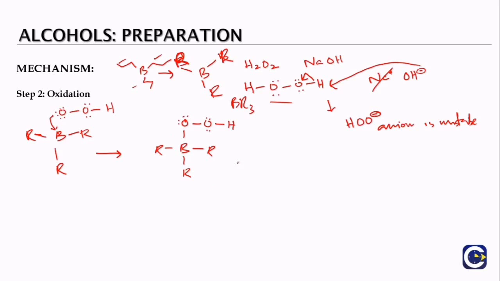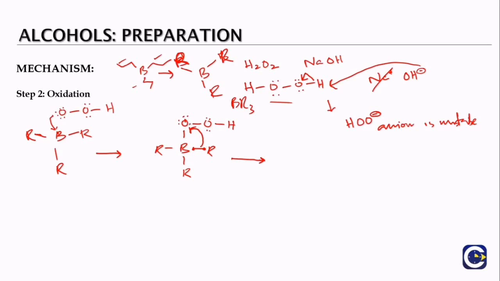Now in the next step, what's going to happen? This step is where students get difficulty to understand. Here the pair of electrons in this boron and carbon bond of this alkyl group migrate to oxygen, leading to the breakage of this bond.